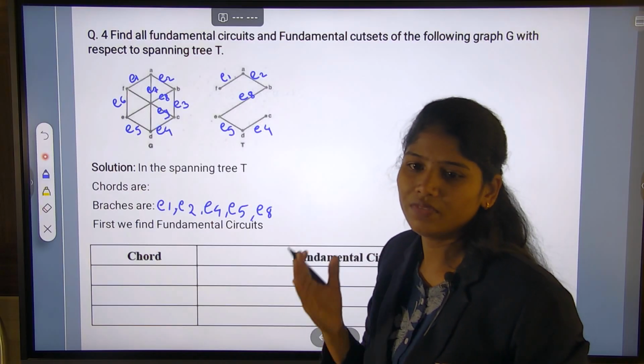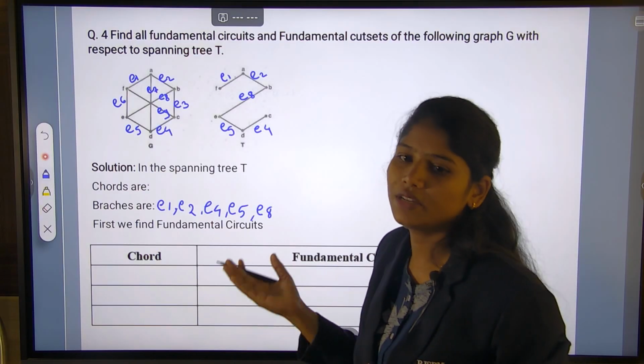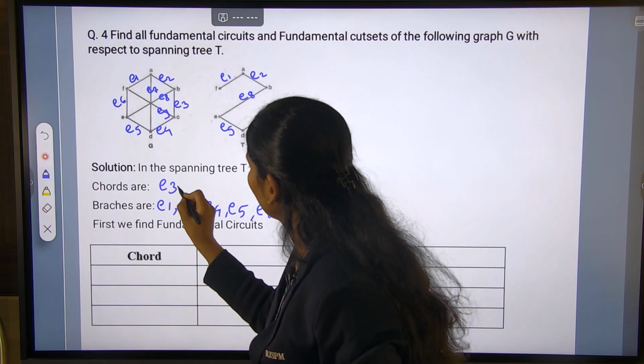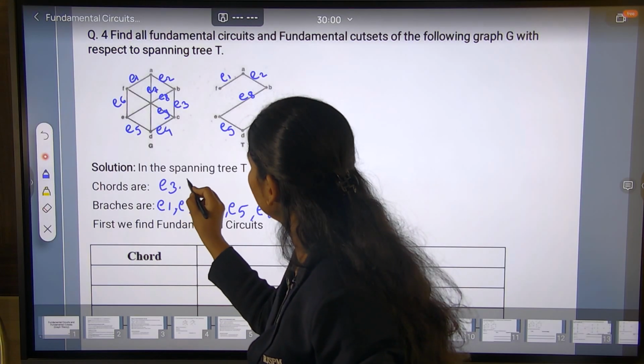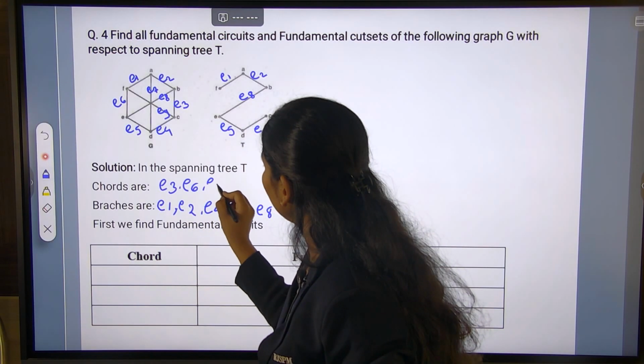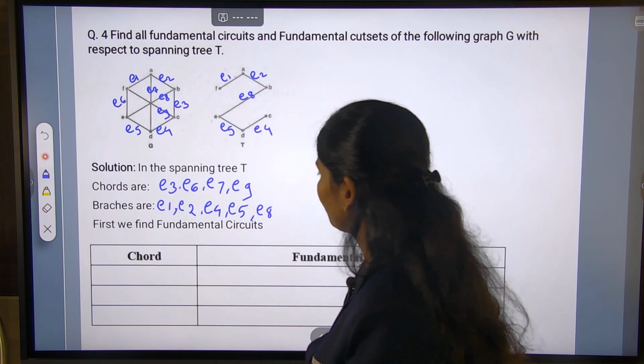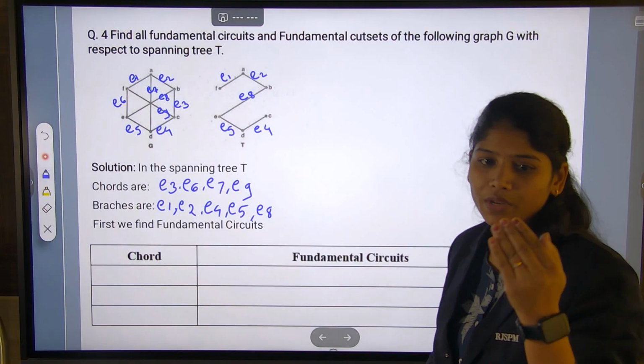Chords means the edges which are not present in the spanning tree. So E3, then E6, E7, E9. For fundamental cut sets, we require chords.